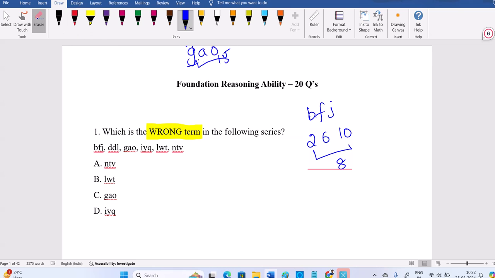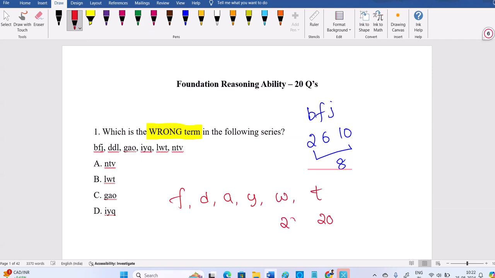Might be an issue with the middle letter. If we focus on the middle letter series, where it is disturbing, we can understand. First and last letters seem to have no issue. F D A Y W T: minus 3, this is 20, 23, here 25, this is 6, 4, 1.